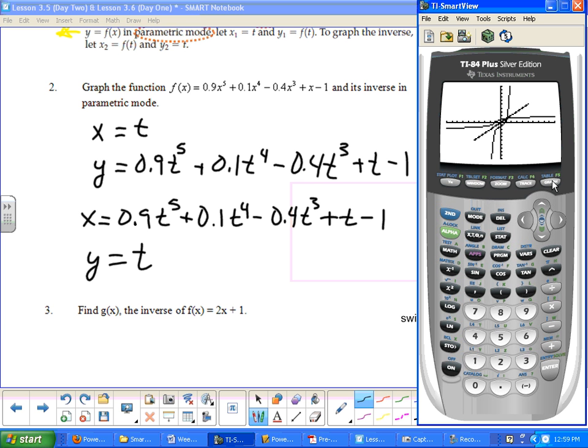So we can graph functions and their inverses using parametric mode where we can't necessarily do it as easily in function mode. If it's in function mode, I can just graph it and then take points, switch them, and draw the line. But in parametric mode, it allows us to do it much easier as far as graphing is concerned. Okay.